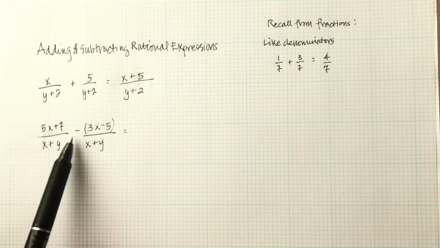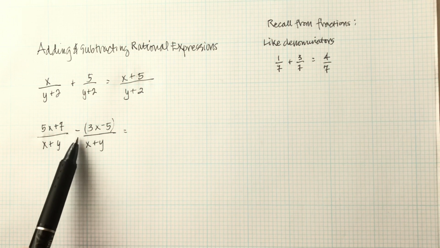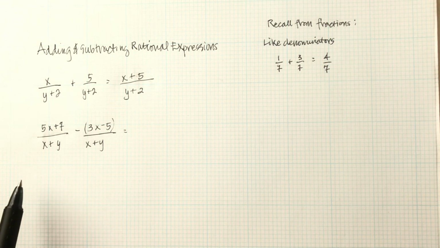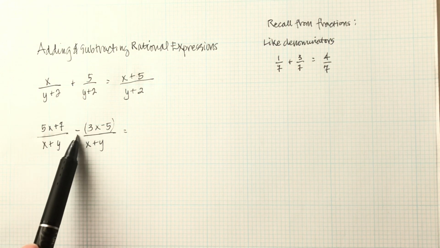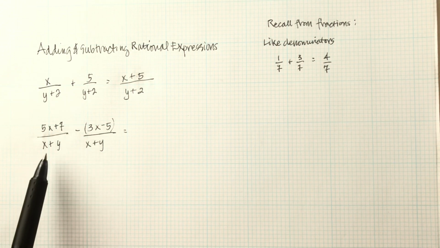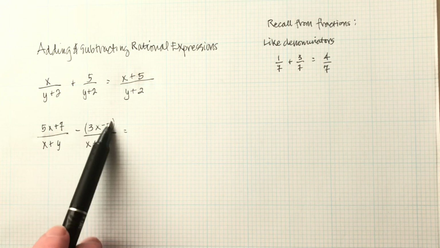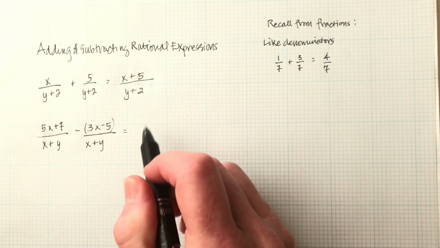The other tricky thing is in a lot of math textbooks, the convention is that the subtraction sign is right on the same level as the fraction bar. So when you rewrite this yourself, please write the subtraction sign a little bit higher and put these things in parentheses, and then do this rewrite.